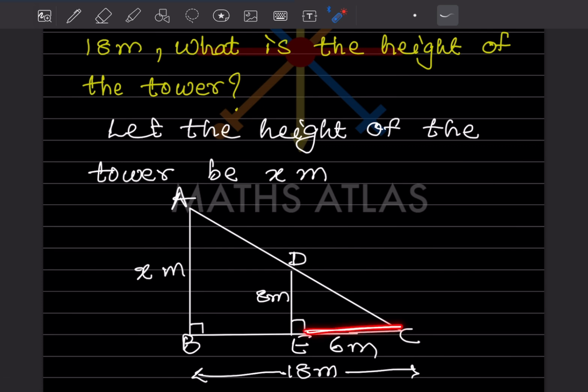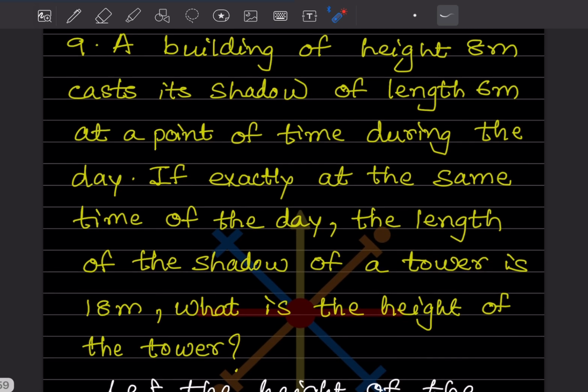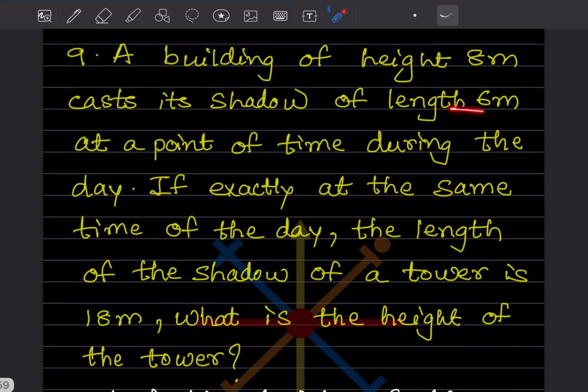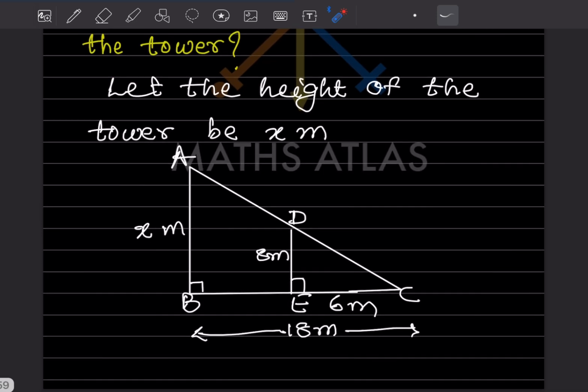The building is of height 8 meter and it casts a shadow of length 6 meter. Because this is a building, this is 6 meter.